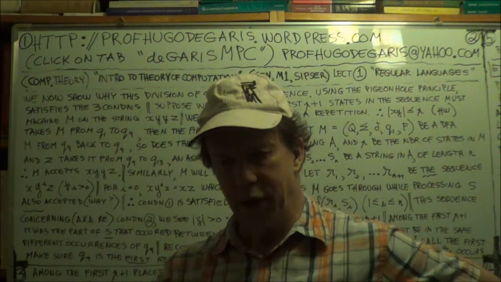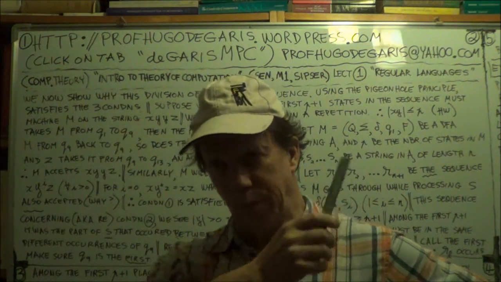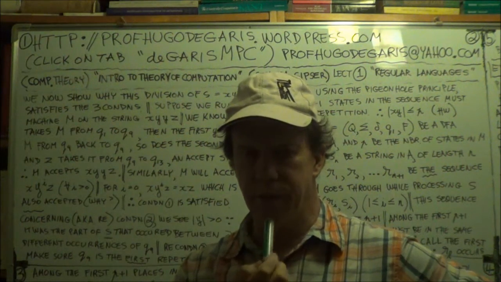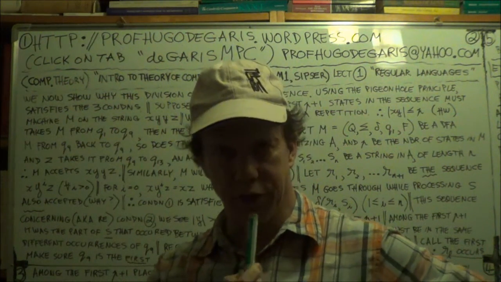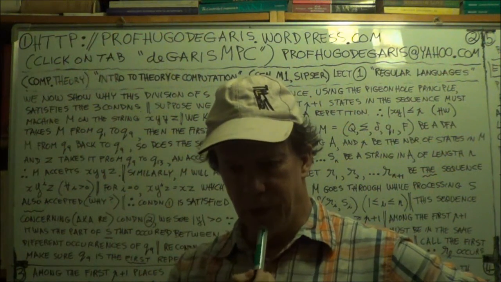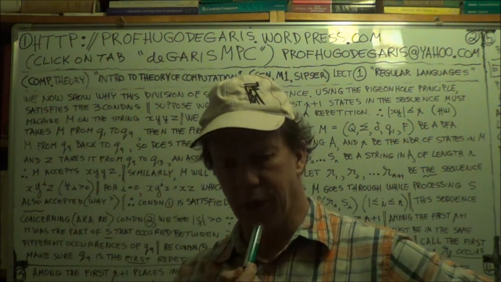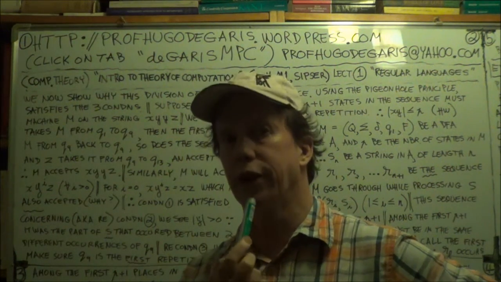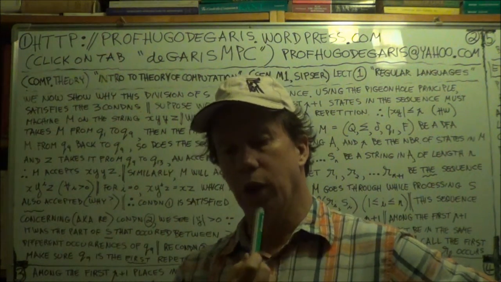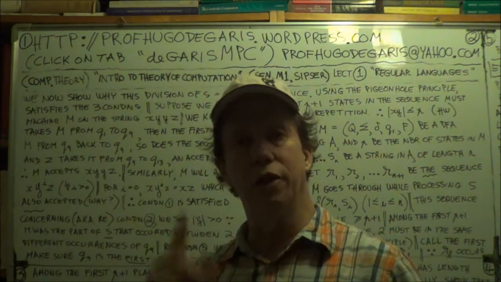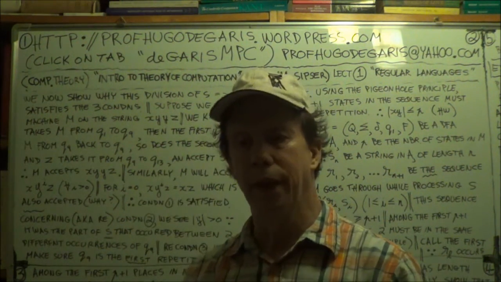Now, jumping ahead a little bit. You'll use this pumping lemma, via a proof by contradiction, to prove that a language is not regular. And how will you do that? By contradiction. You only need to find one counterexample.